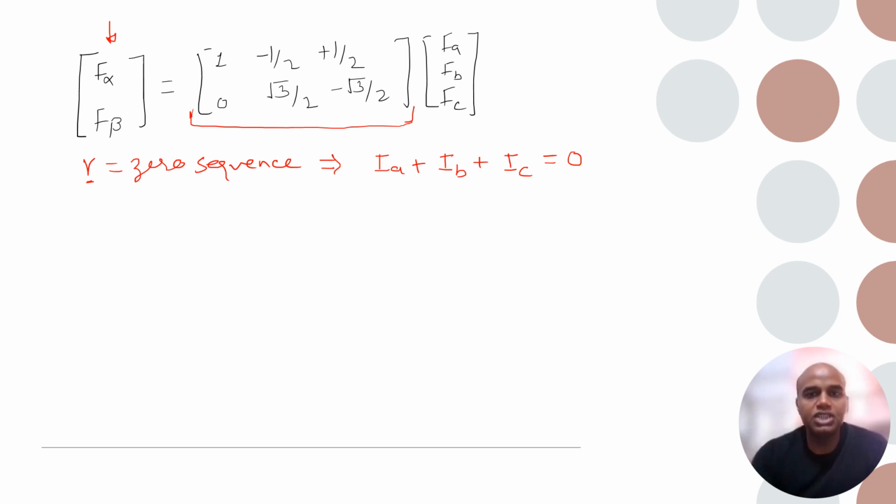So let's understand how this zero sequence is added and then how it can be converted by the reverse transformation.